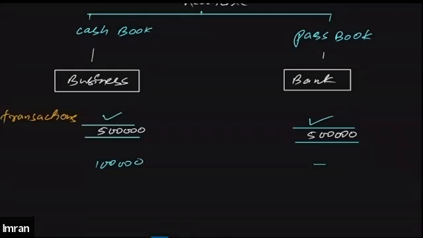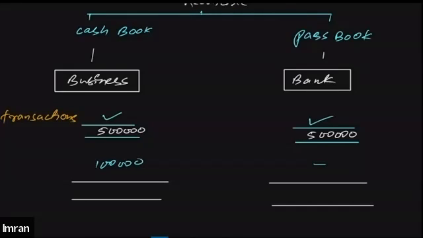So at the end of the month, when we tally both balances, the balance as per cash book will be 6 lakh, assuming 5 lakh plus 1 lakh equals 6 lakh. But the passbook, since this transaction is not recorded there, will still show the same balance as the previous month, that is 5 lakh. Got it?